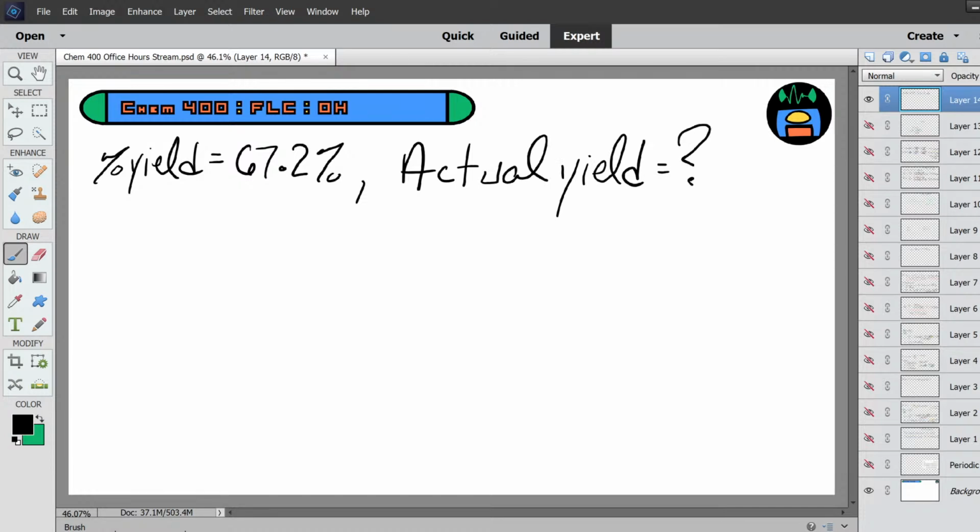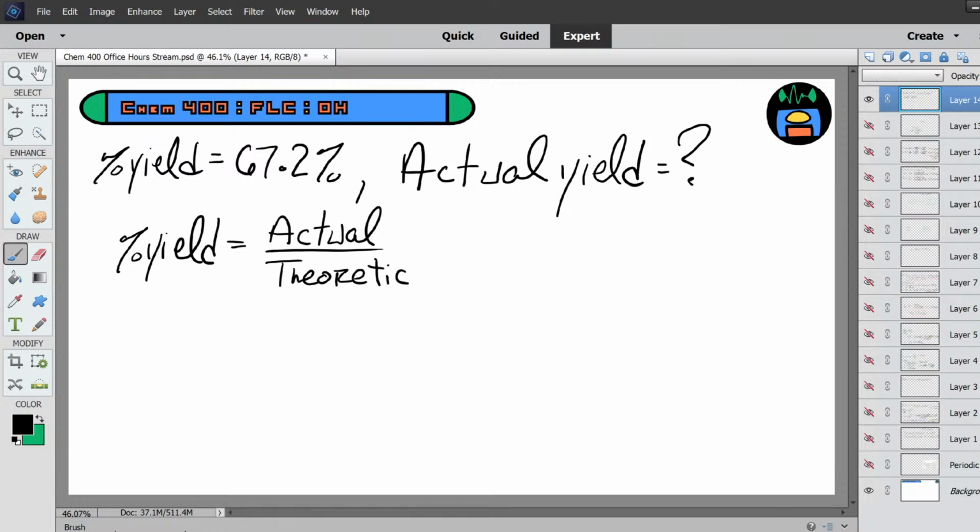All right, and this all hinges on the equation for percent yield. Percent yield is actual over theoretical times 100.